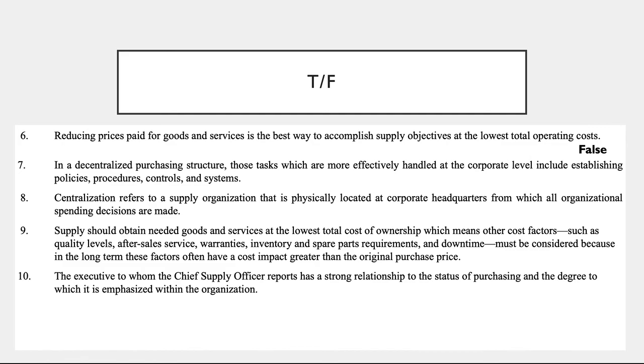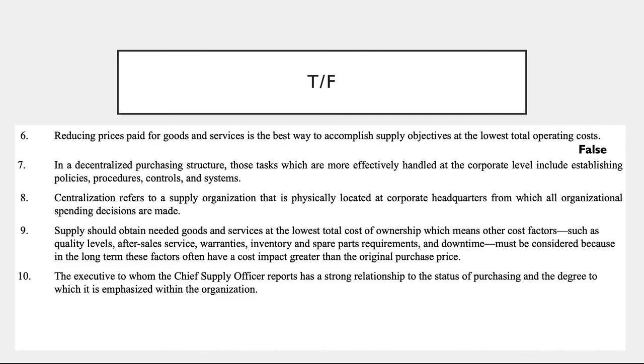So the objectives of supply should be achieved as efficiently and economically as possible. So supply managers should be continually alert to improvements possible in purchasing and supply processes and methods, procedures, and techniques. So that's why this statement can be considered false.